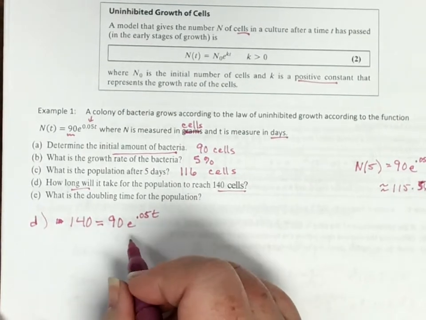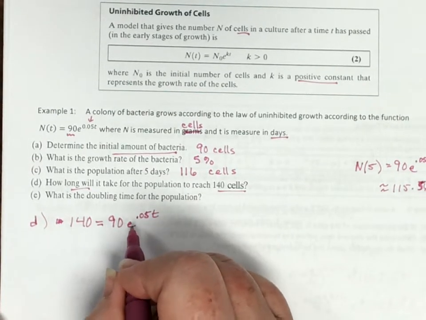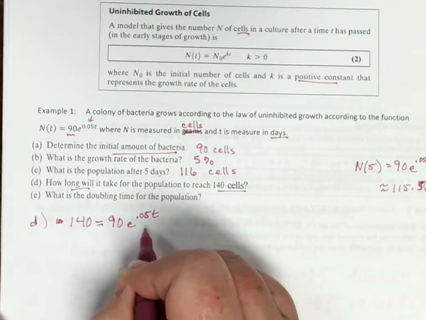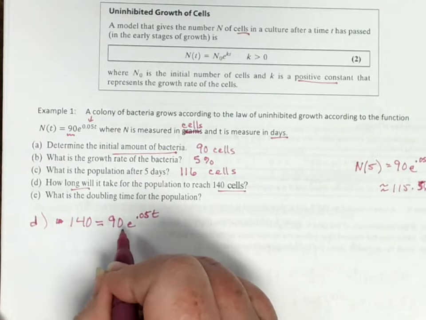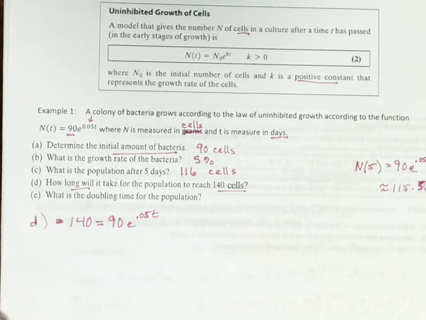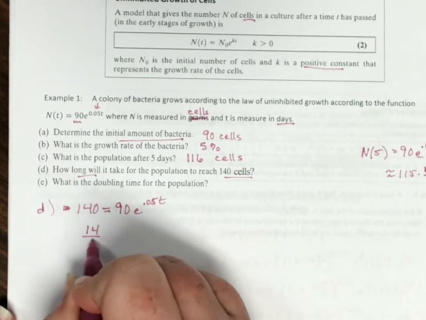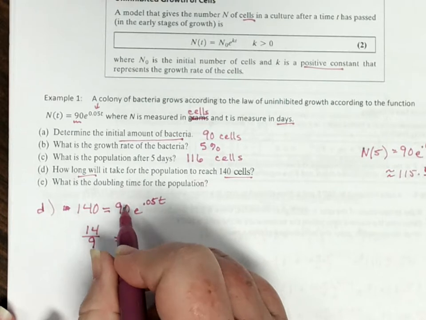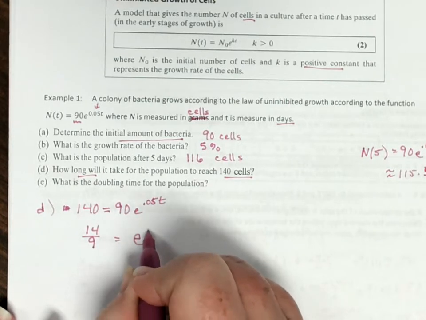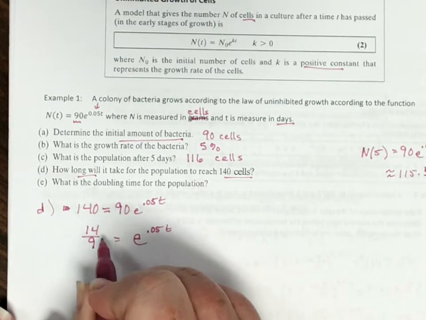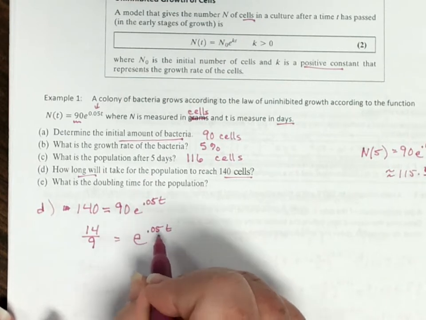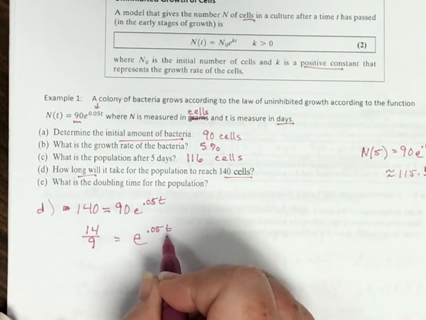Now, we learned in our last section that we can't log roll this unless we have a base exponent by itself. So I'm going to divide by 90. 140 divided by 90 is the same as 14 over 9. And then, of course, 90 divided by 90 cancels. And we now have 14/9 equals e to the 0.05 t.